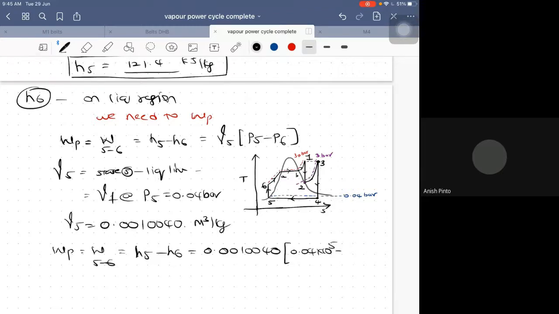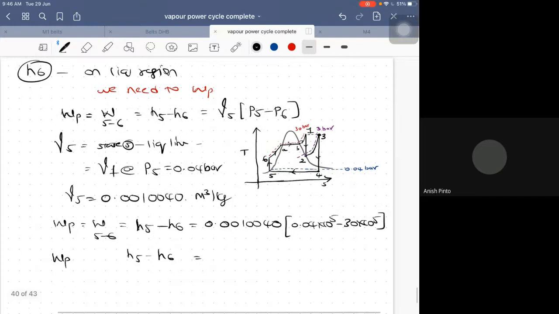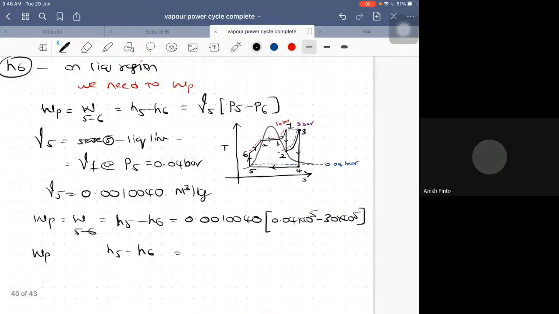P6 is at 30 bar, so it is 30 into 10 to the power of 5. So this would be equal to how much pumping work? Minus 3007.98.